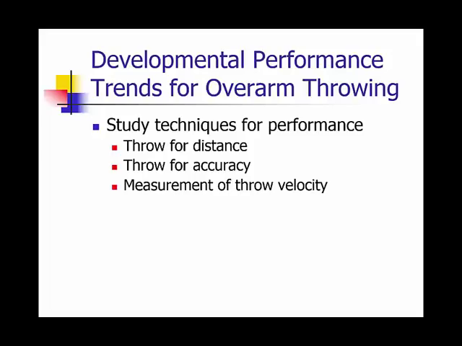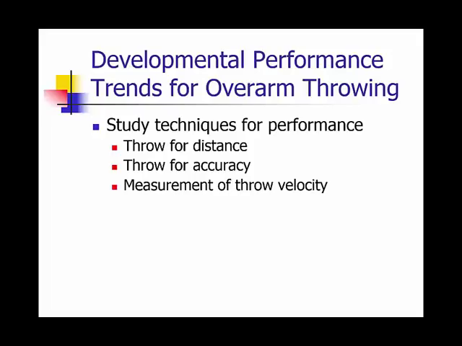So in the next several slides, we're going to look at different constraints that are related to throwing, the declarative knowledge of performers, the use of instructional cues, and we'll look at the ball size and developmental level of the throwers as we try to explain these sequences or these stages for throwing and how we can help progress learners through these different stages.